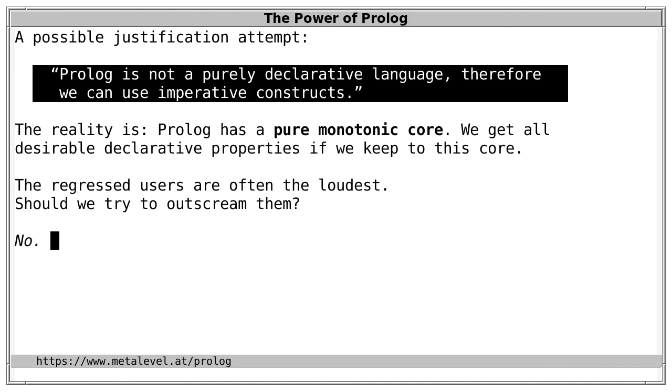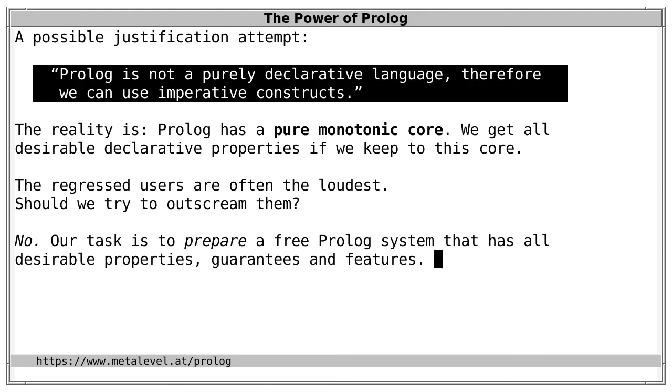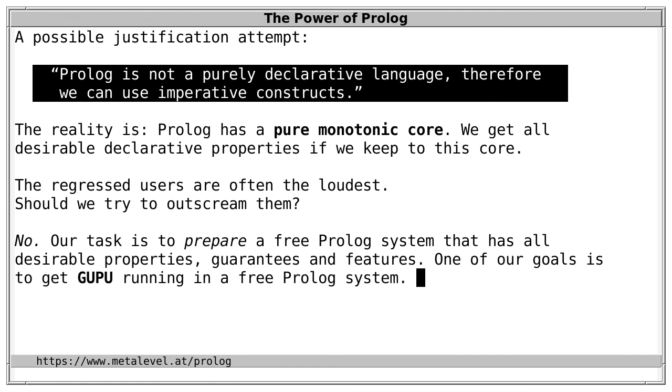And personally, I think no, because our task is to prepare a free Prolog system that has all desirable properties, guarantees and features, with the goal to run the Prolog teaching environment Gupo in a free Prolog system. Because Gupo will make the relevant arguments for us. Because Gupo, first of all, enforces the pure core, and second, shows what is possible, for example, termination analysis and so on, if we keep to the pure core.